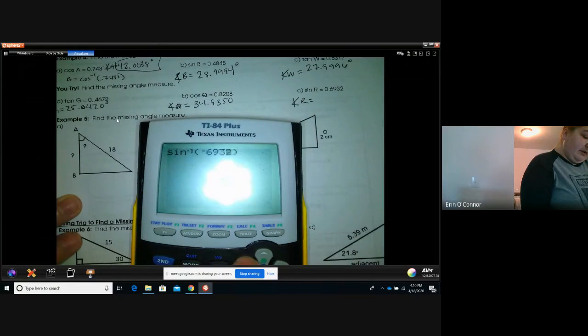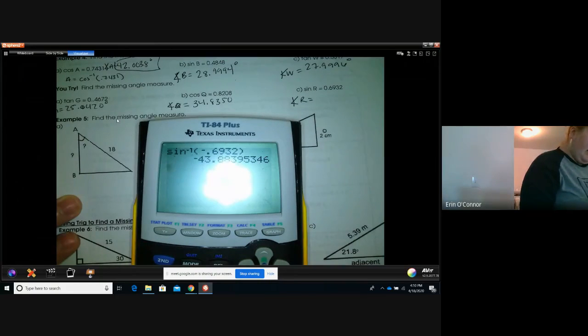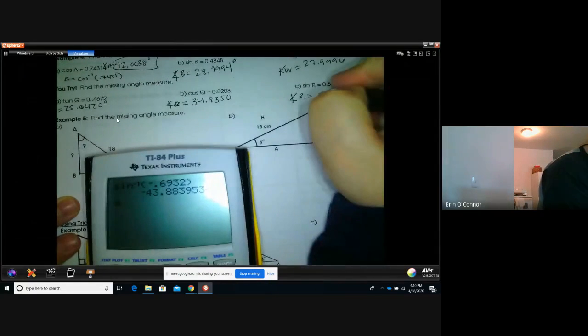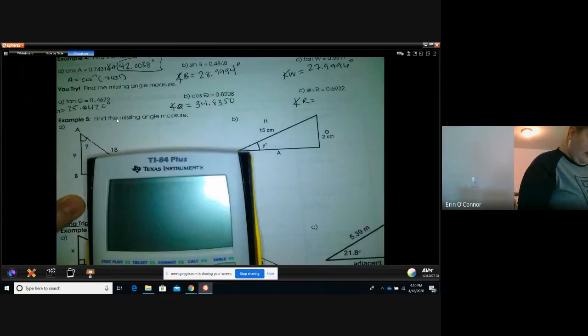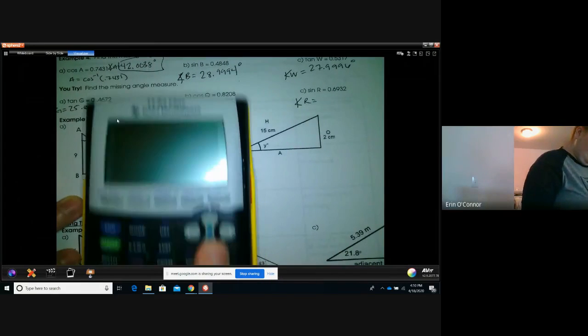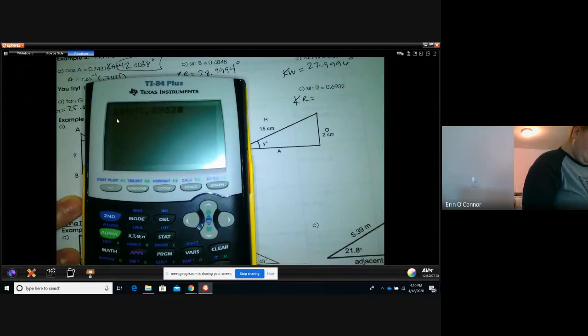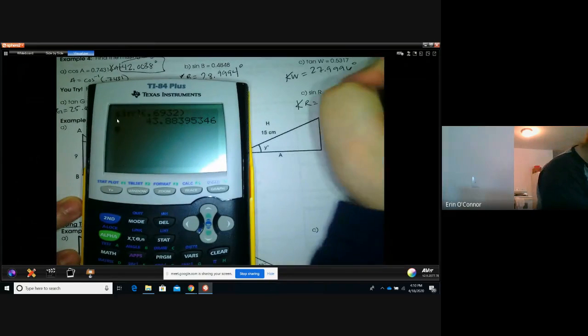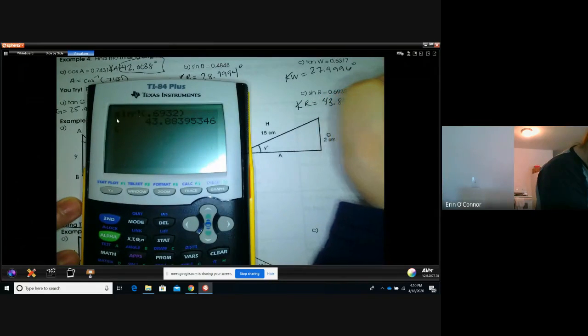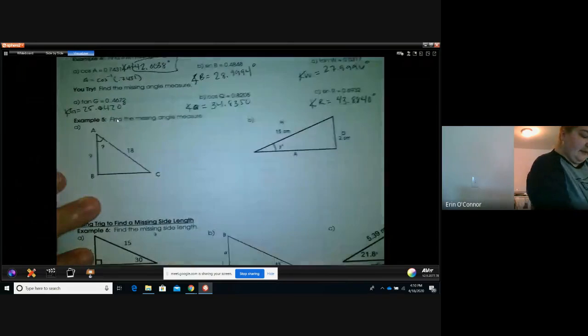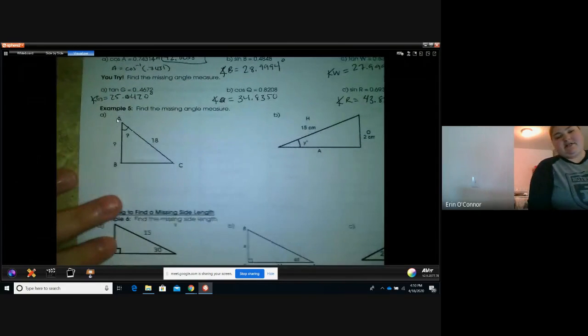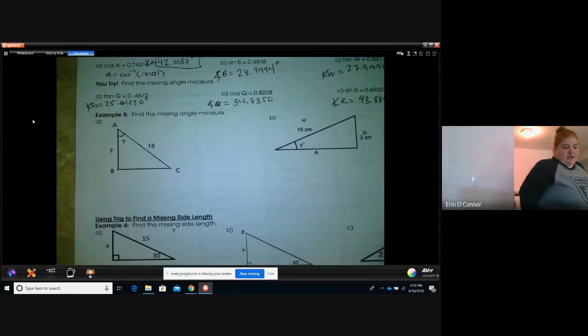I need to actually put the decimal in there, and I get, I put a negative, I shouldn't have put a negative, 0.6932, 43.8840 degrees.